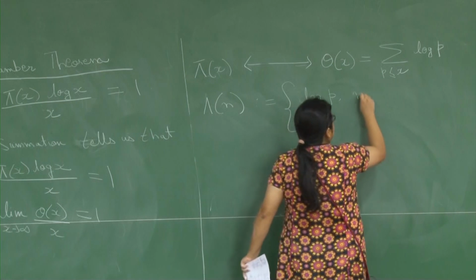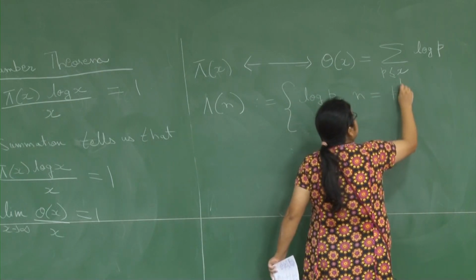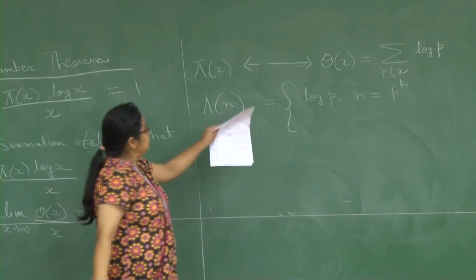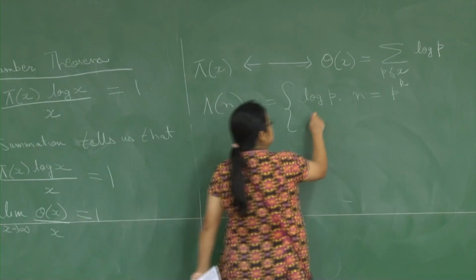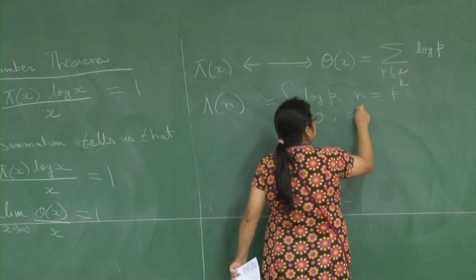If n is equal to p raised to the k, this is equal to log p, and it is 0 otherwise.